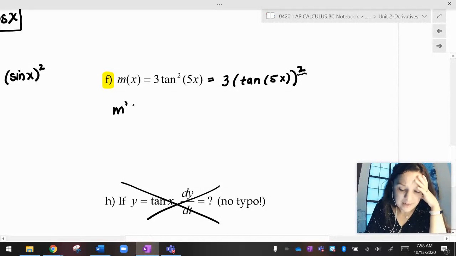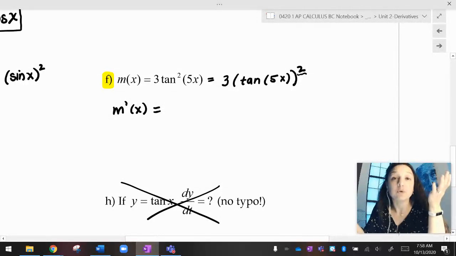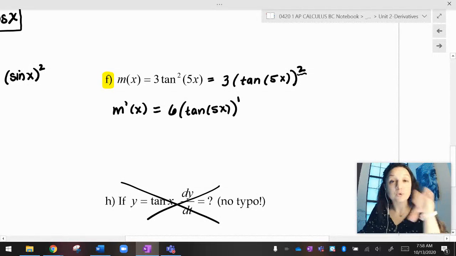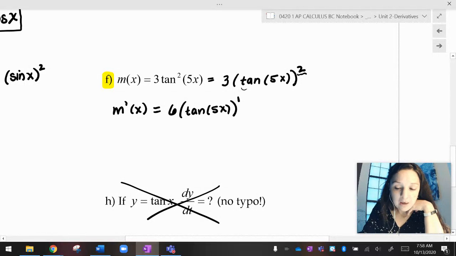So if I want to find m prime of x, I'm going to take the derivative of the outside, which means the power rule. So I'm going to bring down the 2, keep the inside the same, and reduce it by 1. So there's the derivative of the outside, keep the inside. Now I want to do times the derivative of the inside.